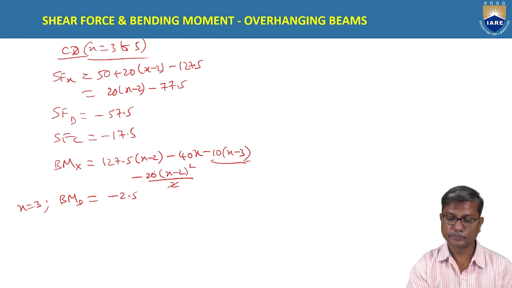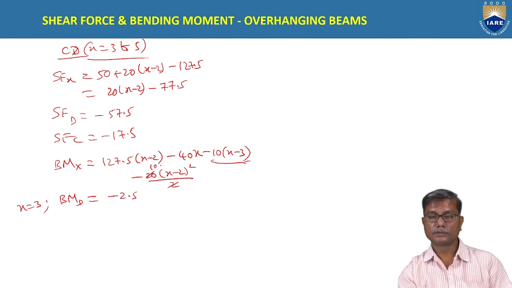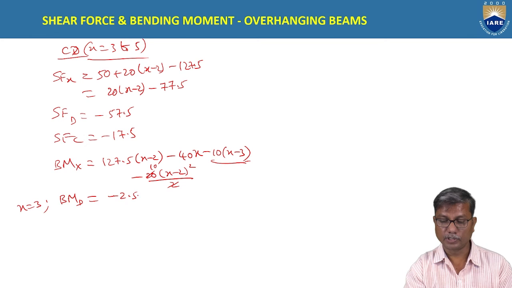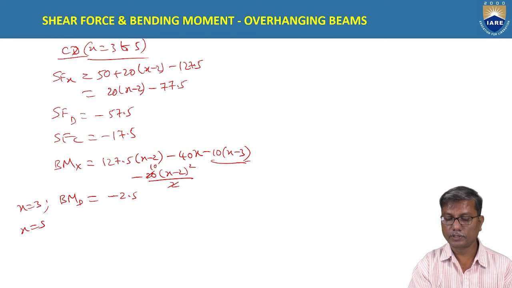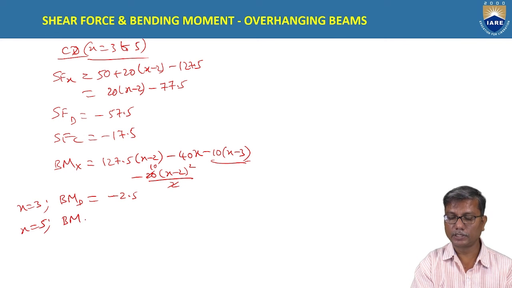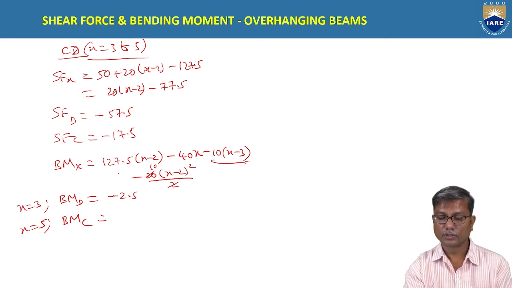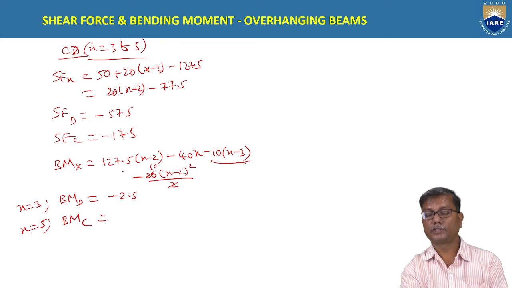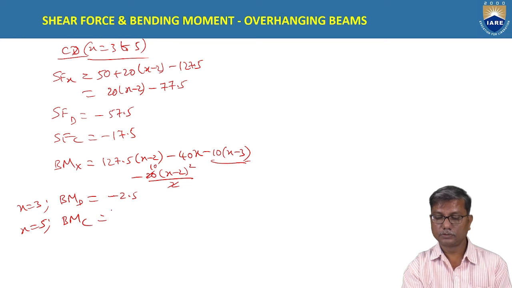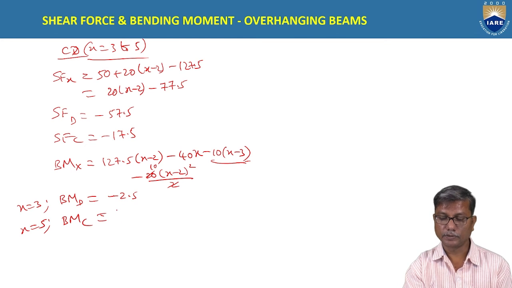Already we have seen minus 2.5. And at x equal to 5, bending moment at C is 127.5 into (5 minus 2), that is 3.